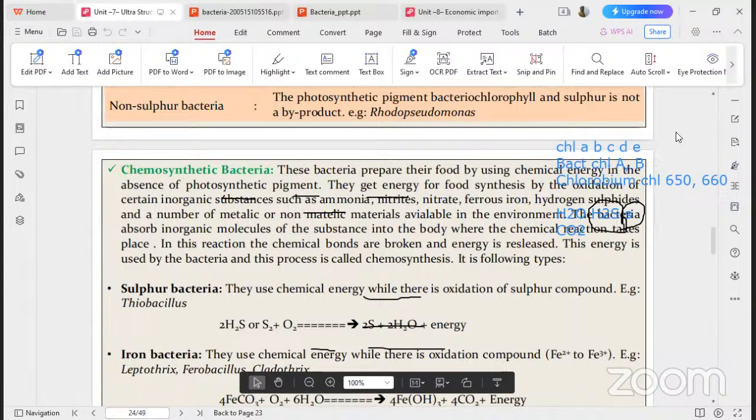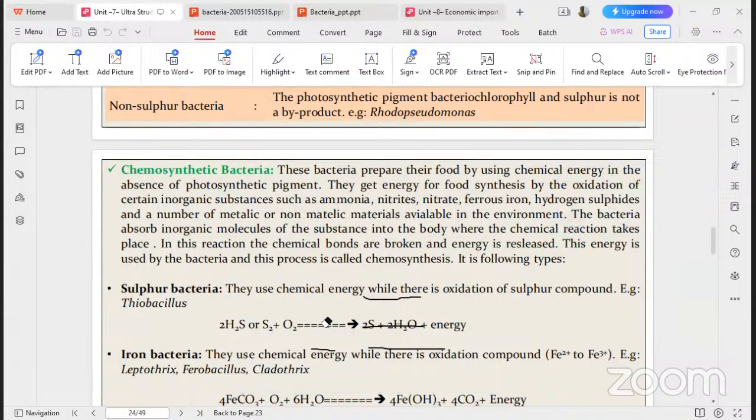Chemosynthetic bacteria. That means they depend upon chemicals as an energy source. Based upon the chemicals, there are various types of chemosynthetic bacteria, depending on whether they use nitrates, phosphorus, iron, hydrogen, or ammonia.